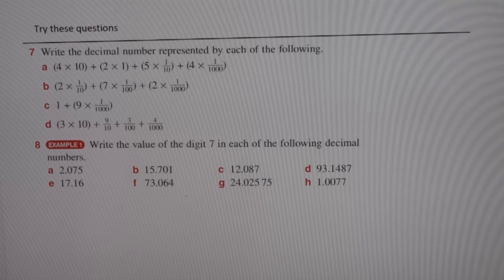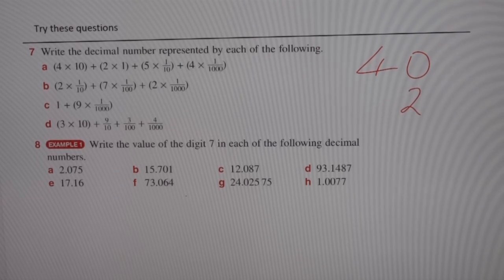So 4 tens, we write that as 40. 2 ones, we write that as 2. Our decimal place would be here. We've got 5 tenths. Remembering tenths, 1 zero is in the first position, so that's there. And our last one is 4 thousandths.